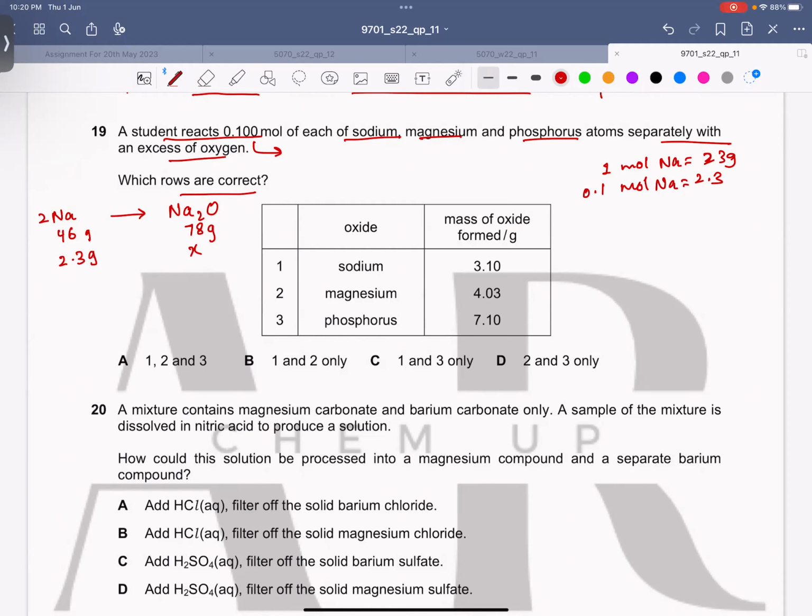Yes, what is the answer over here? For the value of x. Yes, what is the value of x in this case, please?